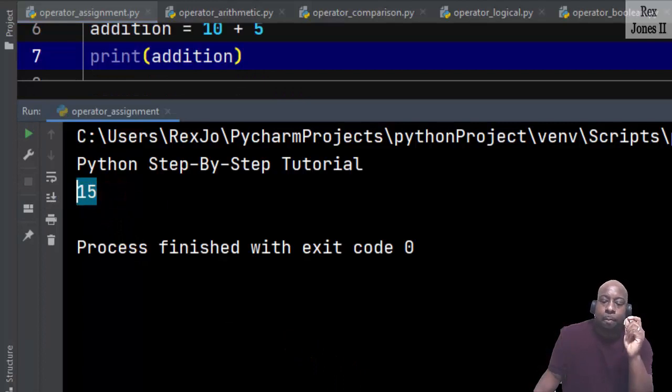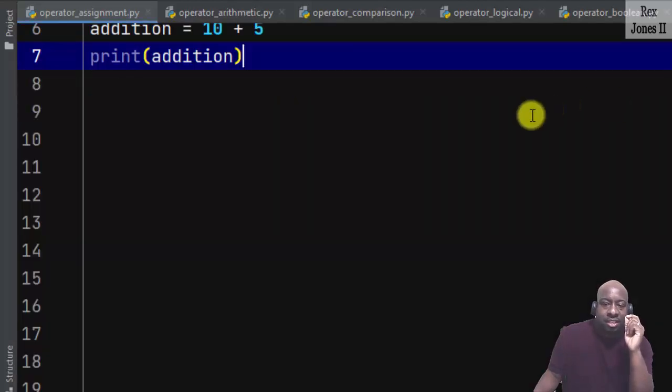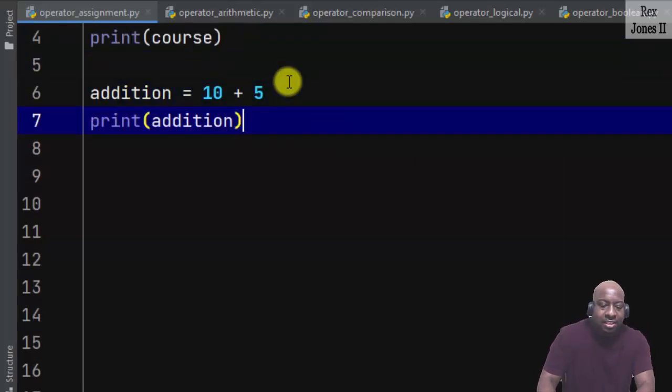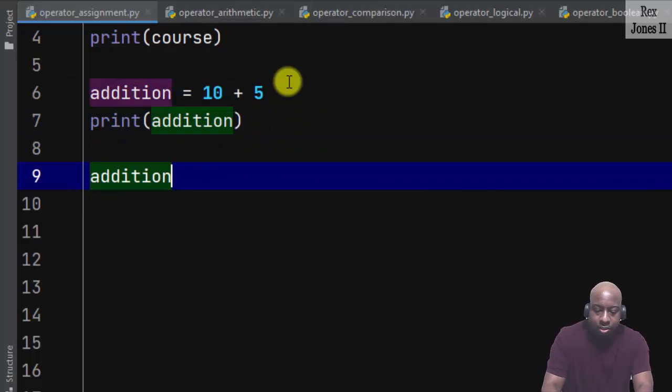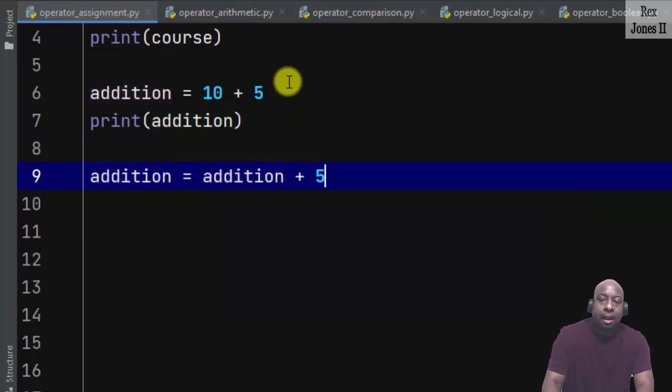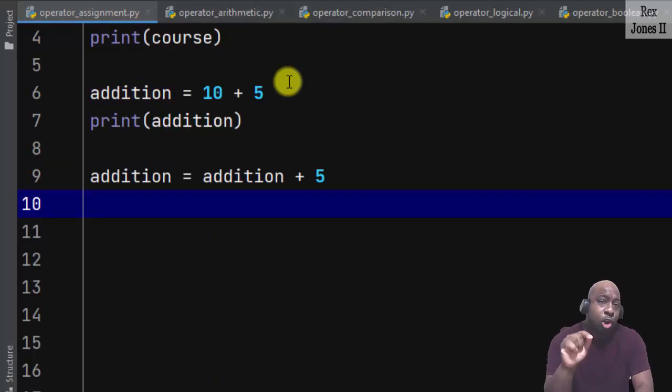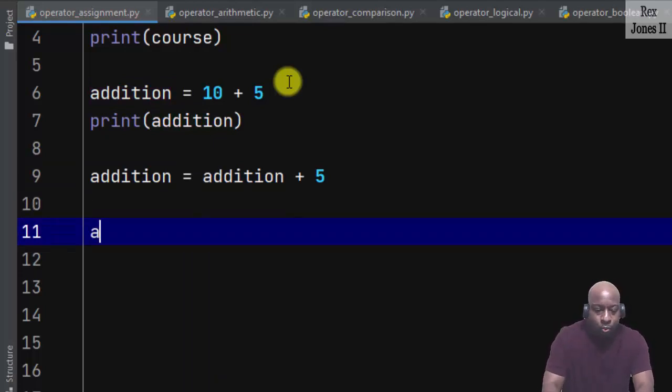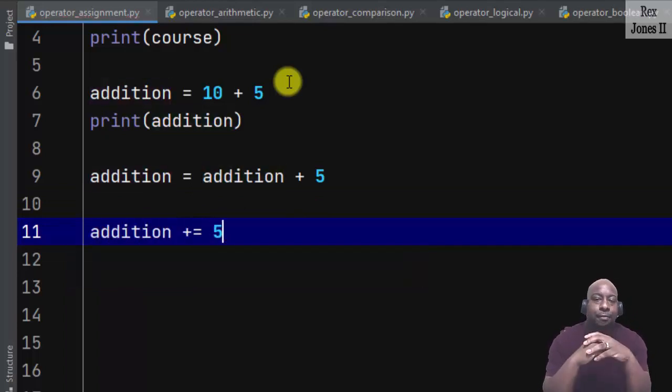And as expected, the console returns 15. The long way of incrementing this statement by 5 is to write addition equal to addition plus 5. That's the long way. Now the shortcut of incrementing by 5 is to write addition plus equals 5.